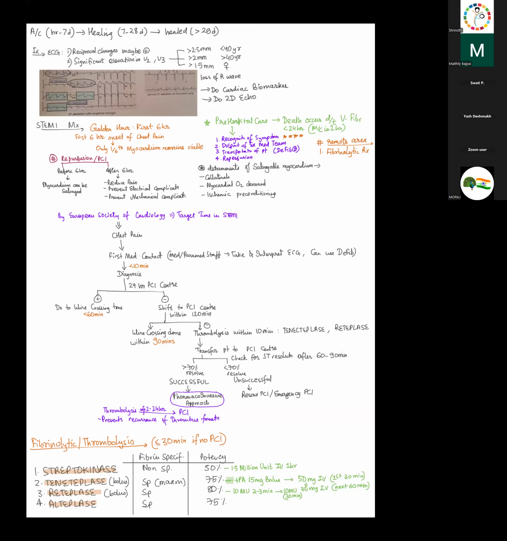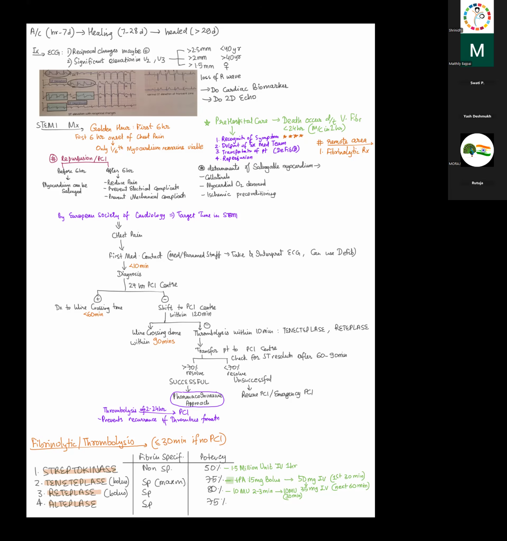Tenecteplase is given as a 15 mg bolus, followed by 50 mg intravenous in the first 30 minutes and 35 mg intravenous in the next 60 minutes. Reteplase and alteplase are fibrin specific.